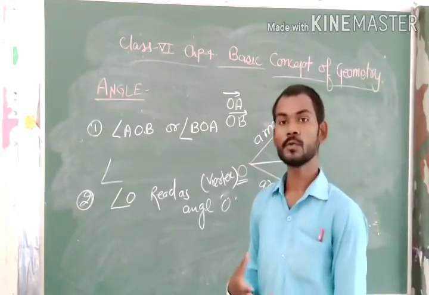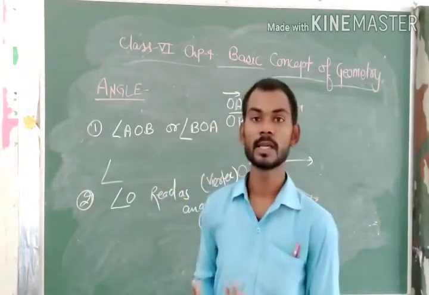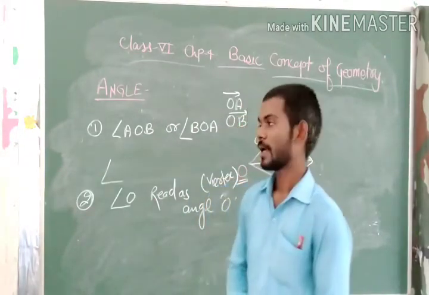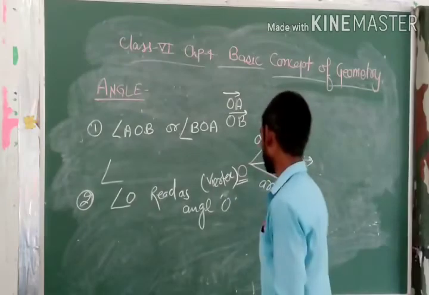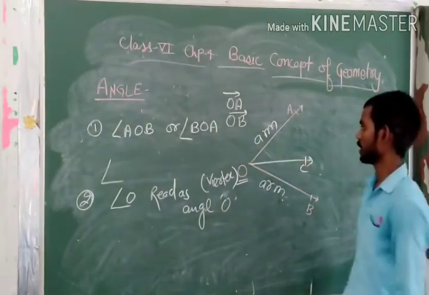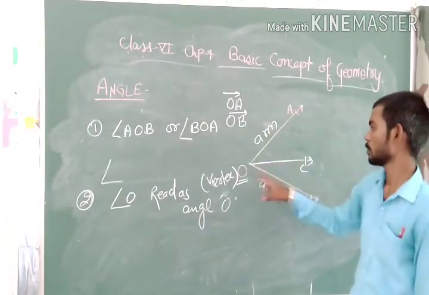Sometimes we use numbers or small letters of the English alphabet to give the name of an angle. Just suppose that here we can see that there are angles AOC and COB.